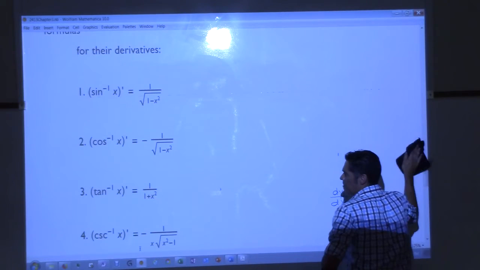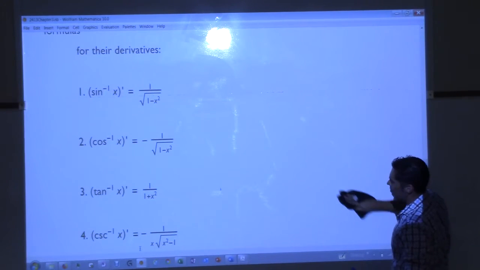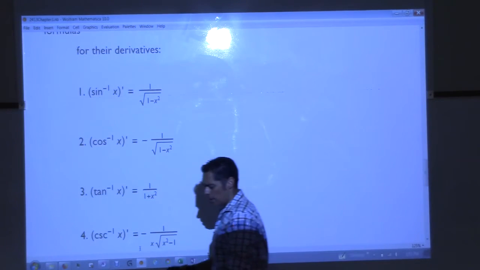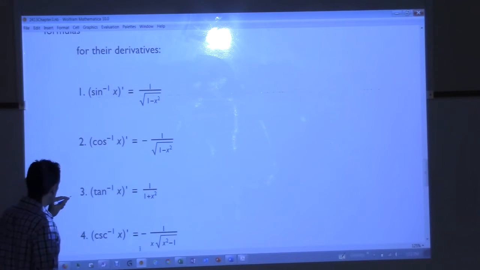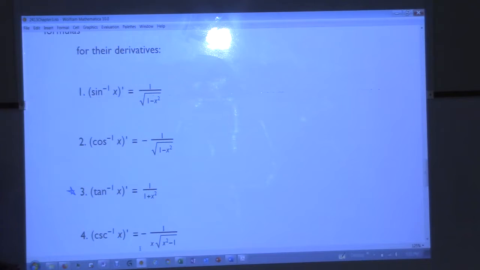And then what's the derivative of arctangent of x? 1 over 1 plus x squared. This one right here, I would just burn that one in. That's used a lot in Cal 2.